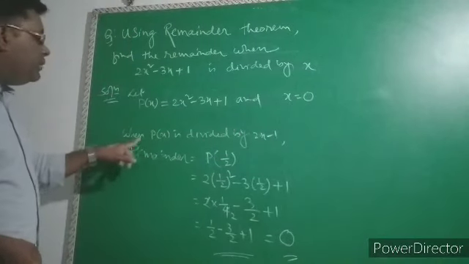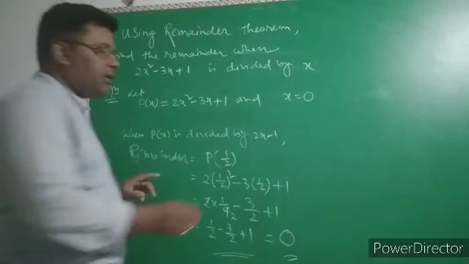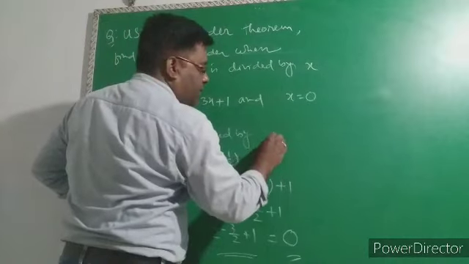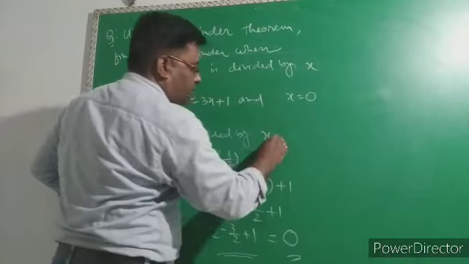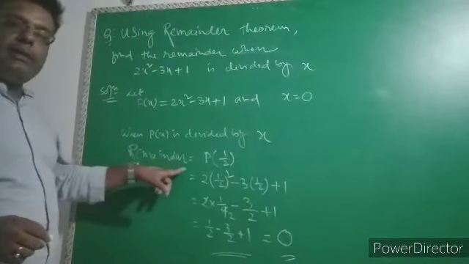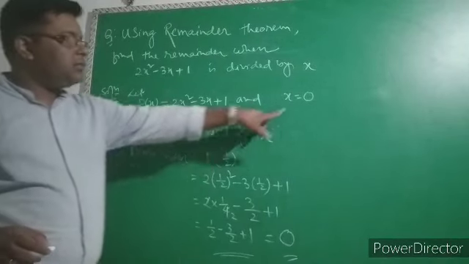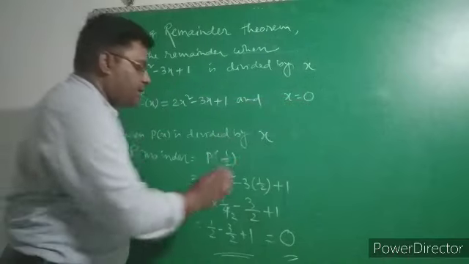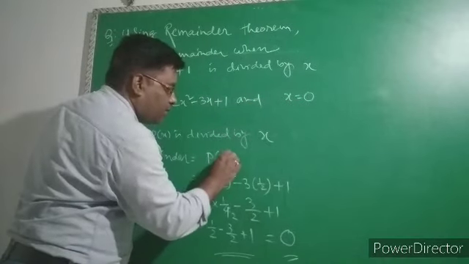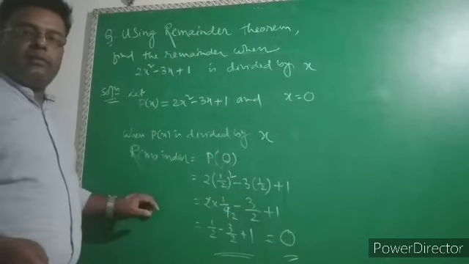That is, when p(x) is divided by only x, the remainder is equal to p of x equal to 0, that is p of 0.